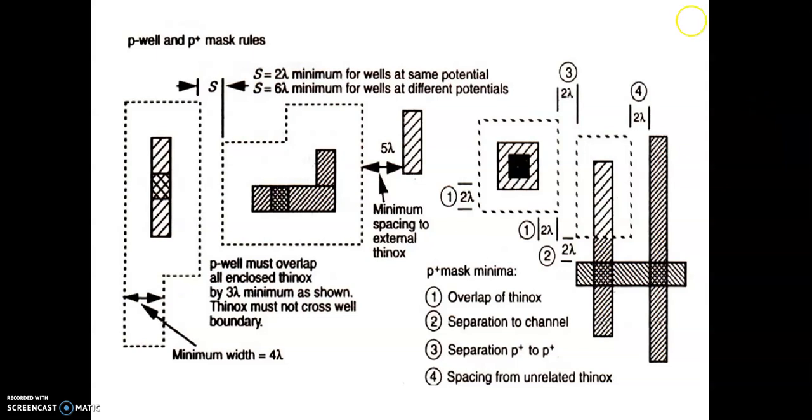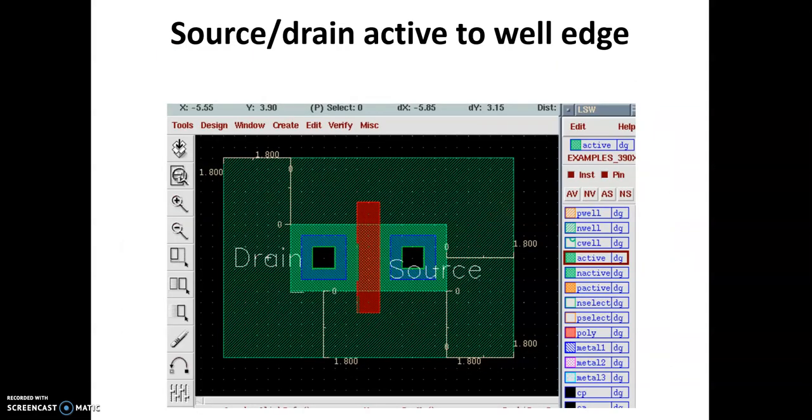So the separation is given here, between P mask and the n diffusion and P mask and the polysilicon, 2 lambda. The P mask should extend 2 lambda from the contact region, on either side. So this is about the CMOS.